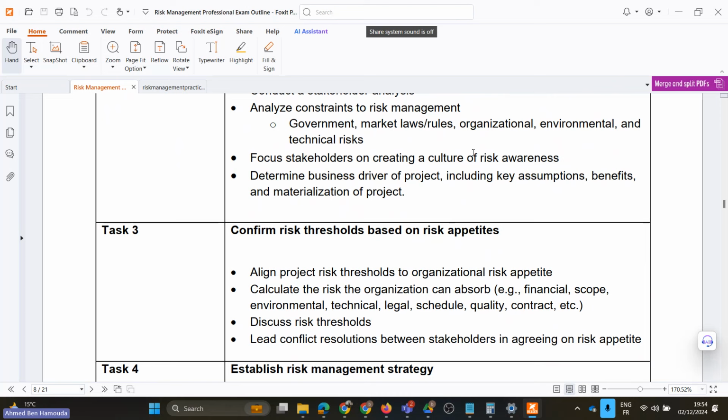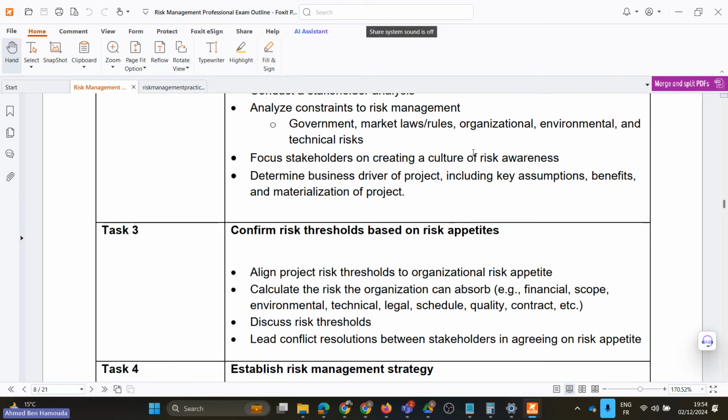Because project stakeholders or team members often think, or actually misthink, that risk identification, risk management, and following up with risk responses is the sole responsibility of the project manager, which is not, because the project manager is just one person. The project manager cannot manage all the project risks by themselves.